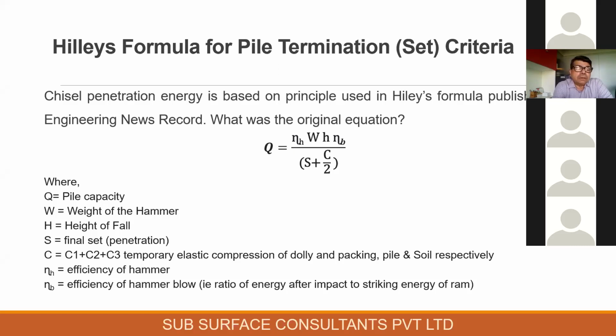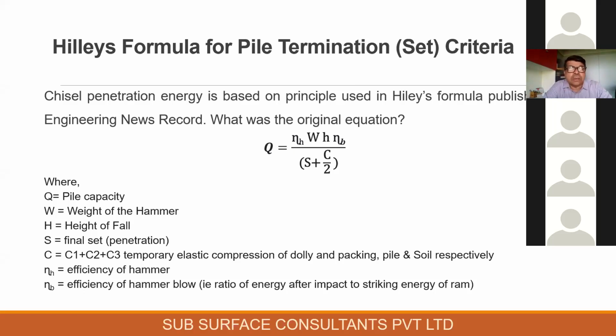The efficiency of the blow, efficiency of hammer, weight of the hammer, drop can be kept constant, and the temporary elastic compression constant C by 2 also can be constant, because all other parameters are remaining the same. You will find that these are constants. So the only variables are Q, pile capacity, and set S.